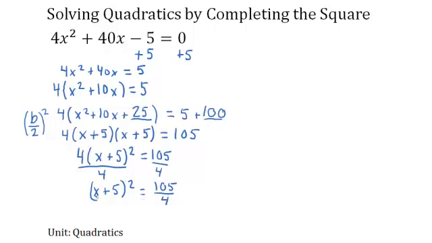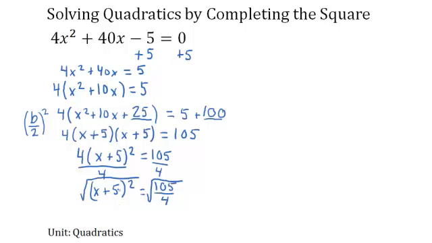Okay, so I'm still trying to get x by itself. I'll have to eventually get rid of this plus 5, but first of all, I'm going to deal with the squared. If you have the whole thing squared, the inverse is the square root. So I'm going to take the square root of both sides.